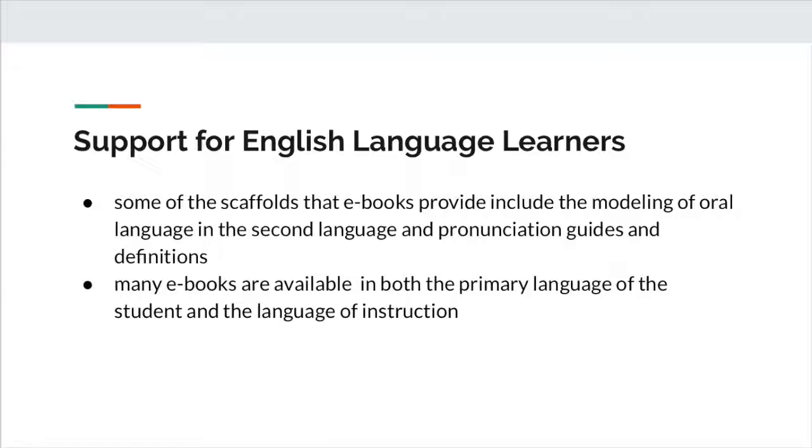So English language learners can read in their own language and also see how it compares to English. And then it's also helpful because their parents can also help them learn how to read in English while also still being able to read in their primary language.